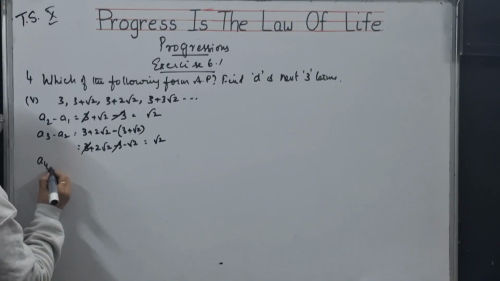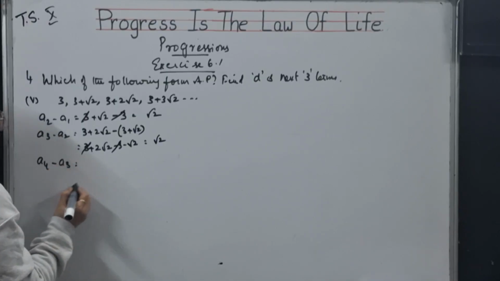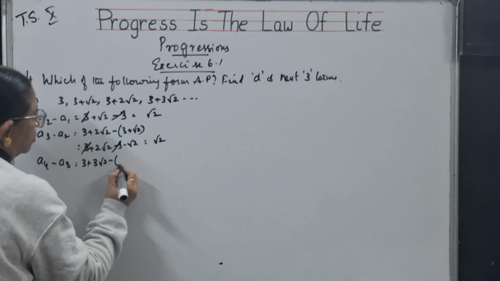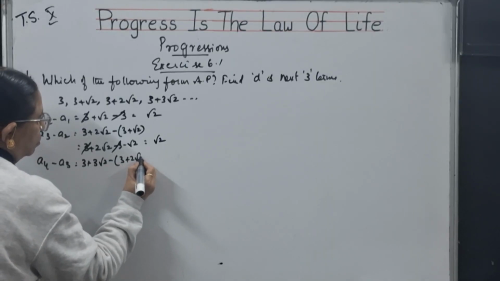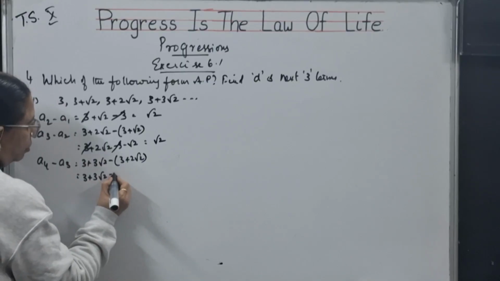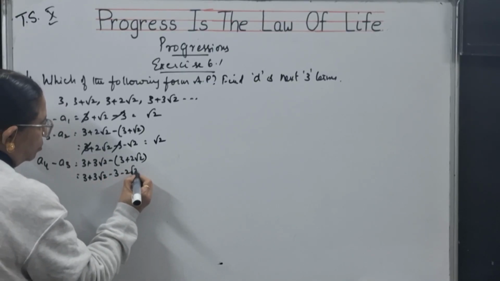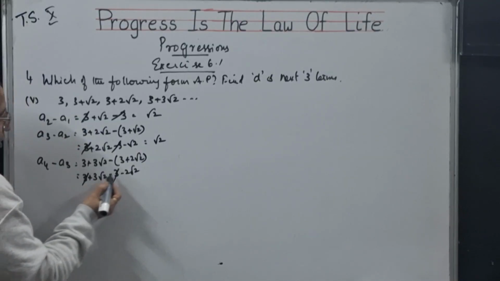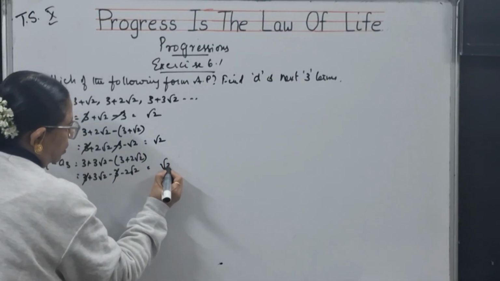Now a4 minus a3. 3 plus 3 root 2 minus of 3 plus 2 root 2. That is 3 plus 3 root 2 minus 3 minus 2 root 2. So here also 3 minus 3 will get cancelled. 3 minus 2 is 1, that is root 2.